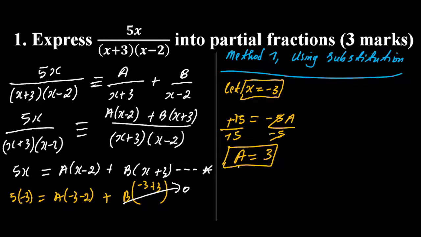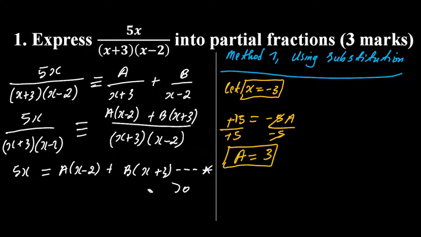Okay, doing something similar for b, using another substitution. Now we're going to look at another value. Now let x be equal to 2 in this case. Why 2? If I put 2 here, it's going to cancel.